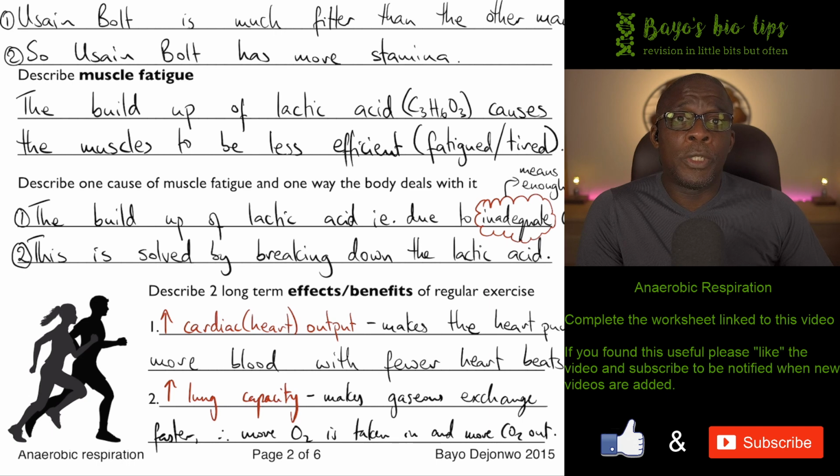And even if they do build up lactic acid, they're then better able to break it down faster because oxygen is required to break down lactic acid. So that's two of the long-term effects of regular exercise for fitter people.